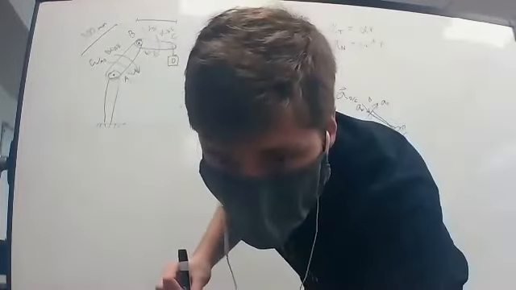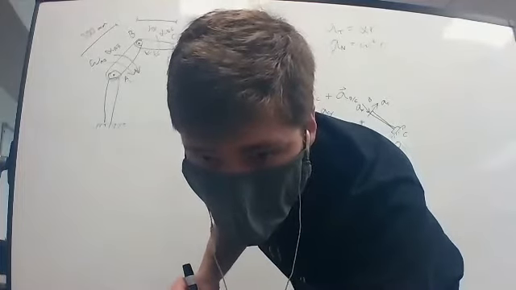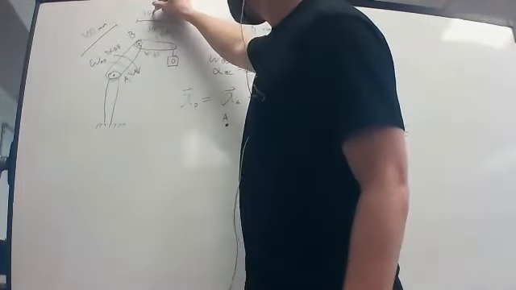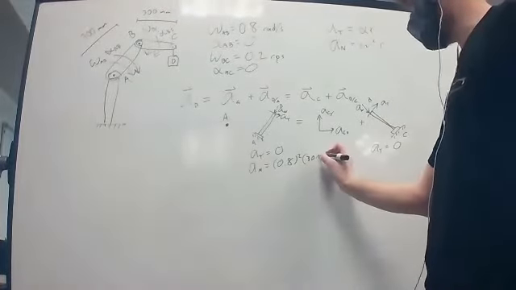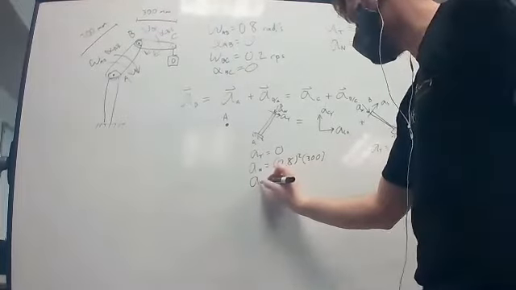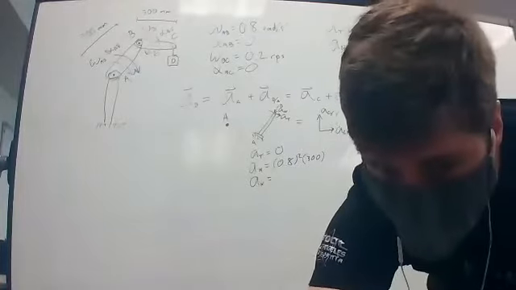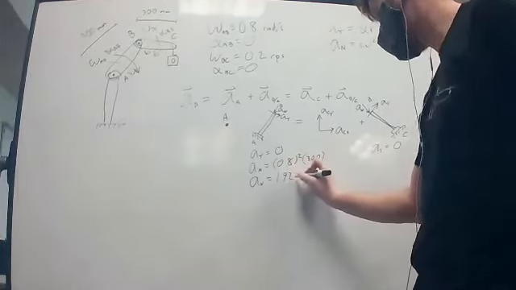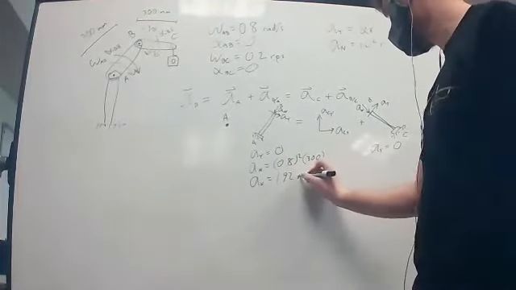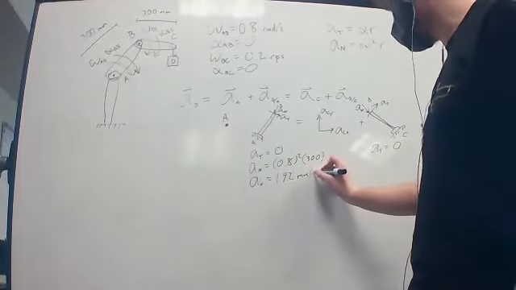This one being also 300. So that's where we get our radius value from. And we can say AN for B relative to A is going to be equal to 192. And that is in millimeters per second squared.